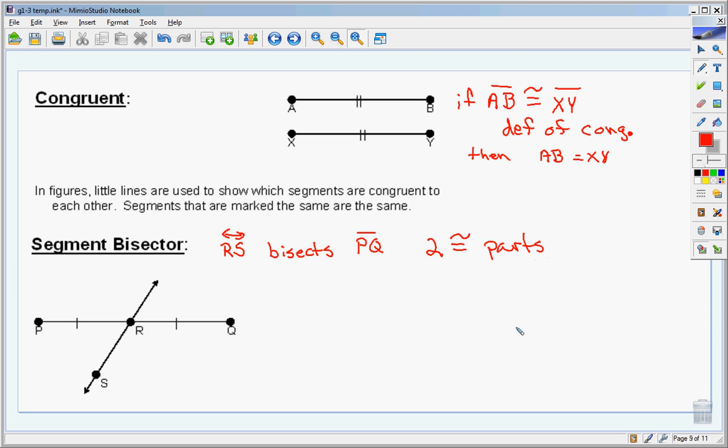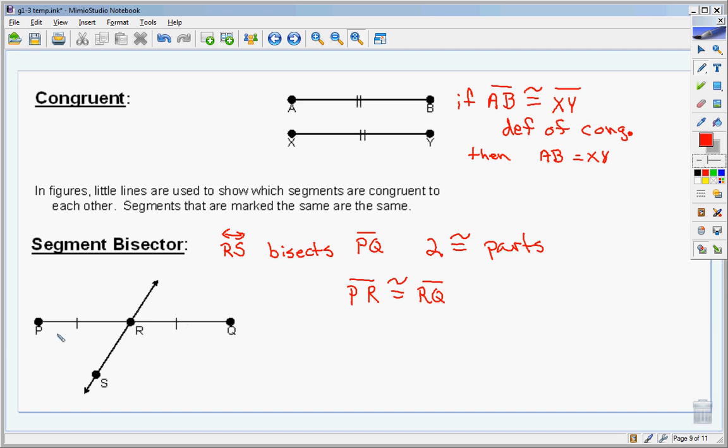And you'll very seldom see me write out that word congruent anymore. Once we've used that symbol, I'm just going to stick that symbol in there. In other words, segment PR is congruent to segment RQ. If RS bisected PQ, it created two congruent parts.